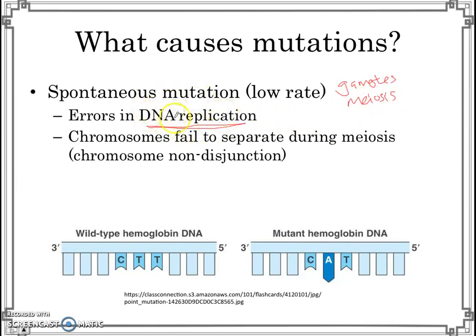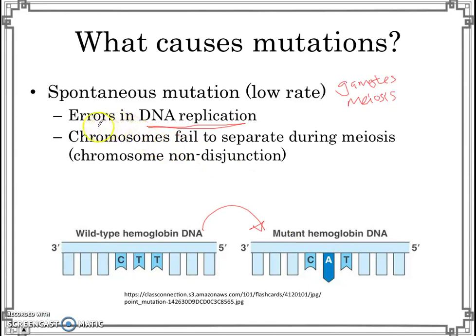During DNA replication, sometimes the normal gene is not copied correctly, just like when I ask you to copy a page of notes onto a blank piece of paper, you might make some mistakes. In this case, the normal gene was a CTT and it was copied wrongly into a CAT. So such copying errors result in mutations.